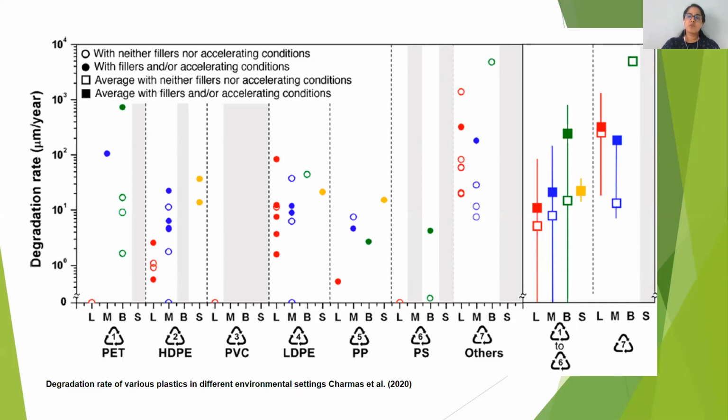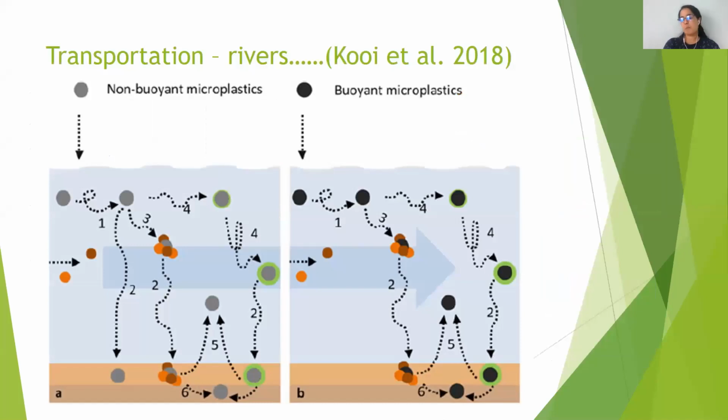So we can see with fillers and without fillers, there are different degradation rates for different plastics in different environments. So we're working with something that's really complex and changes. Really, the change is very sensitive to environments and types of plastics.